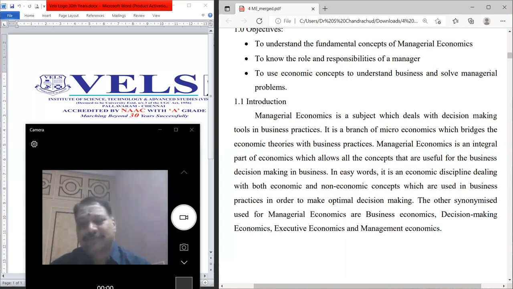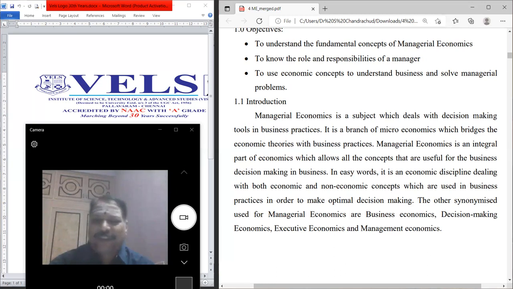In easy words, it is an economic discipline dealing with both economic and non-economic concepts which are used in business practices in order to make optimal decisions.